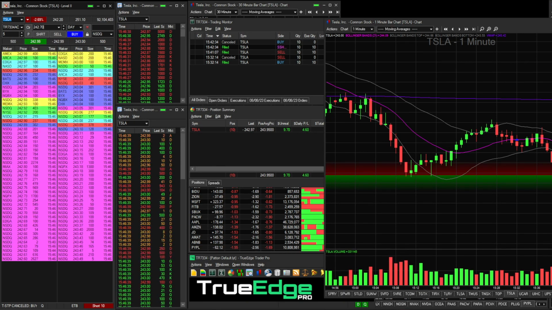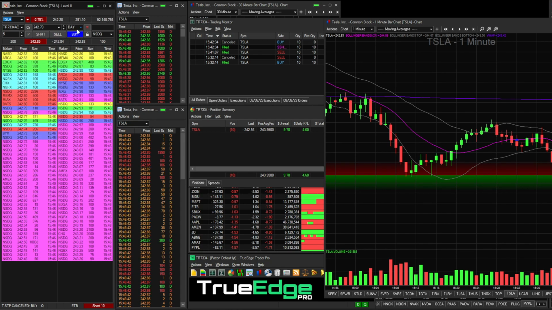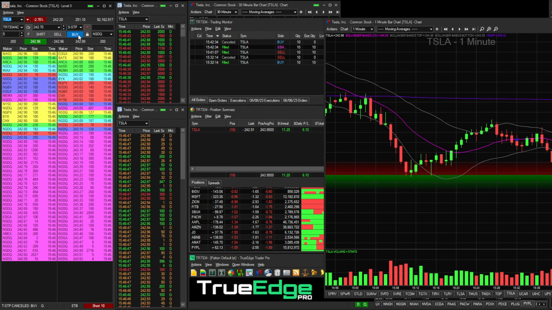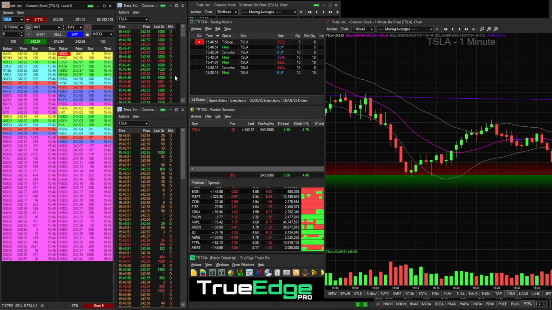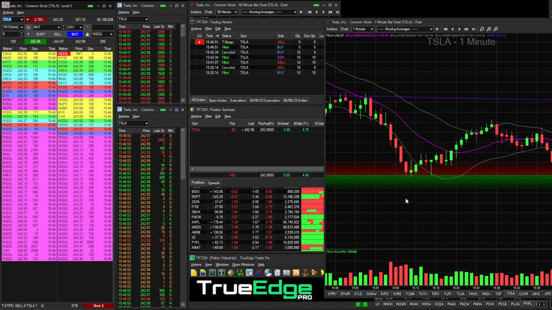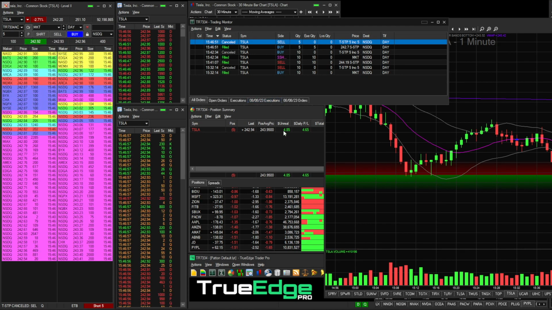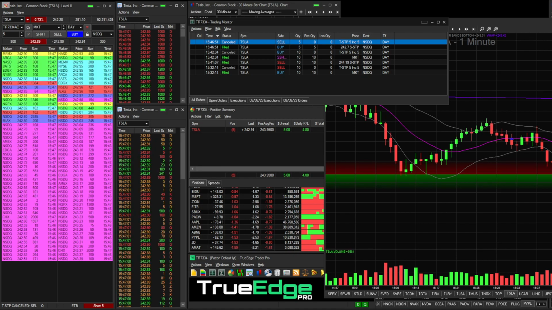So I'm going to put that in as a buy stop. If I hit buy, I'm sorry, I didn't choose stop. There we go. If I hit buy, 5 shares, 242.70, which is below where we're at now, notice that instantly I got filled for 5 shares because I put the stop loss below where the market is now.